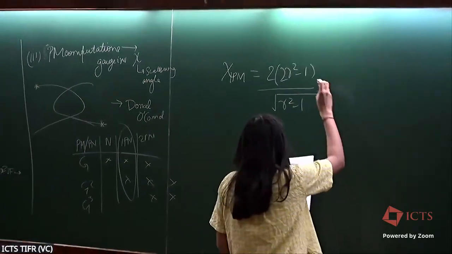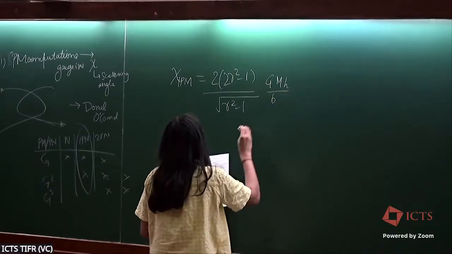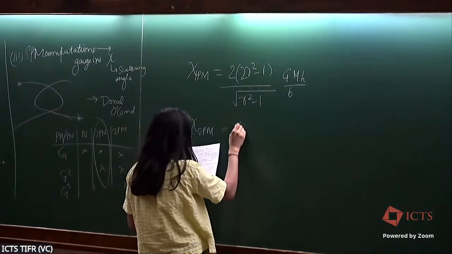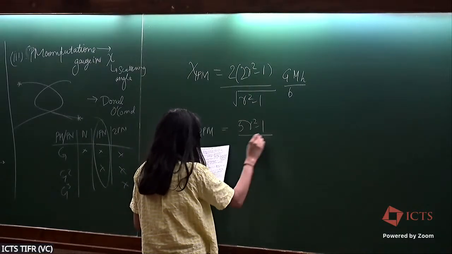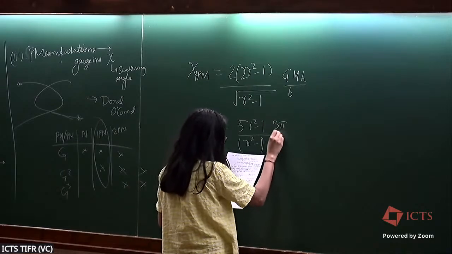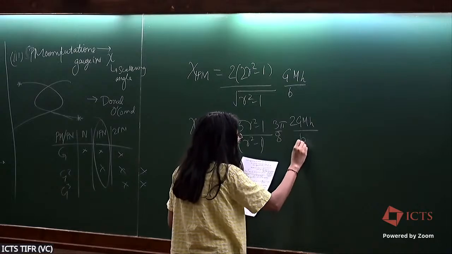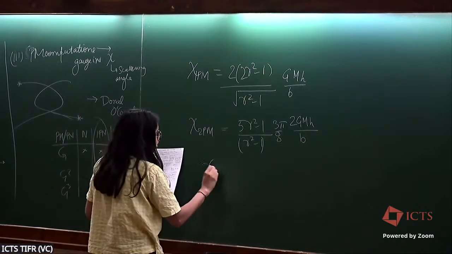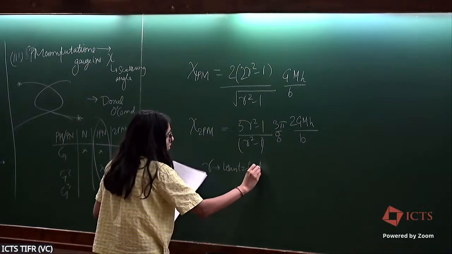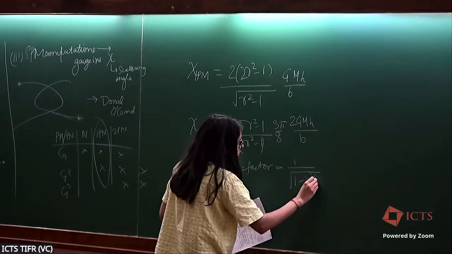This is the 1 PM result of the scattering angle. And this is the 2 PM result. Where gamma is the Lorentz factor, which is 1 over square root of 1 minus v square over c square.